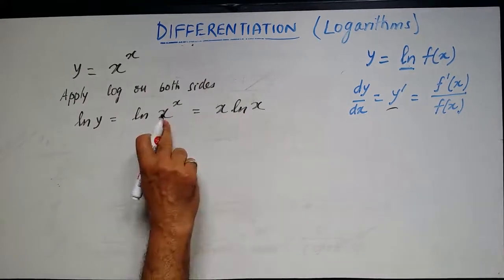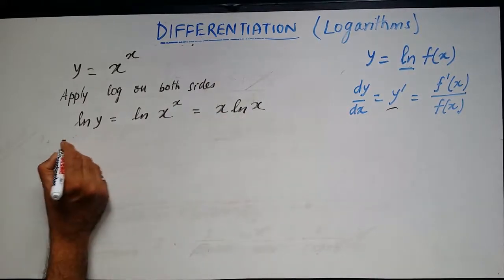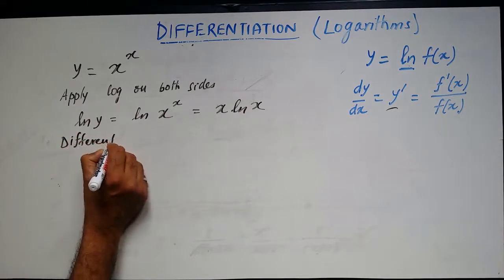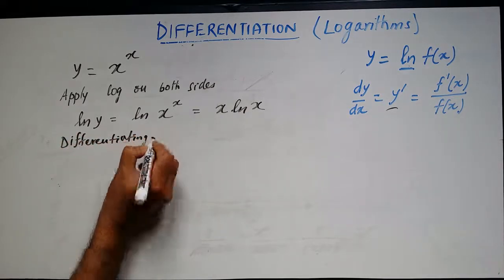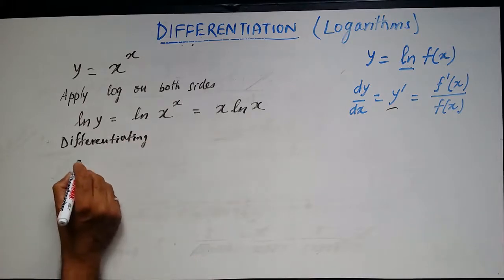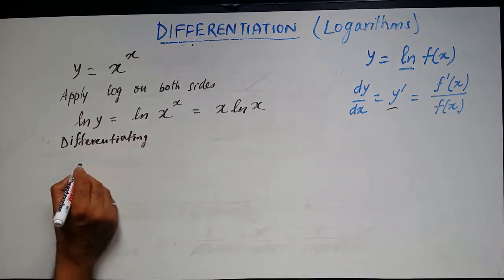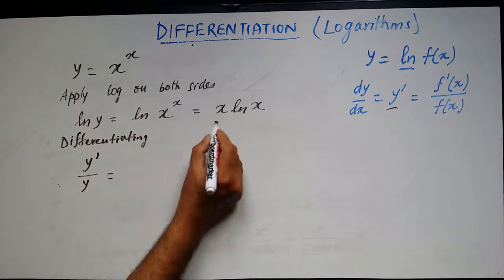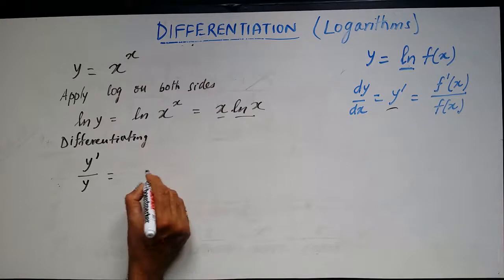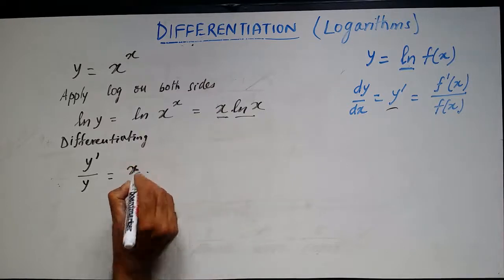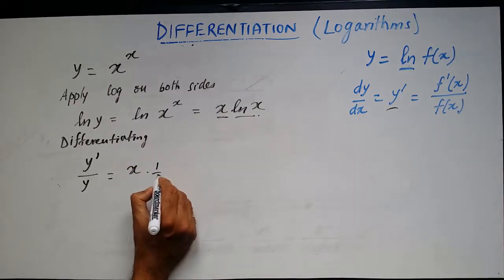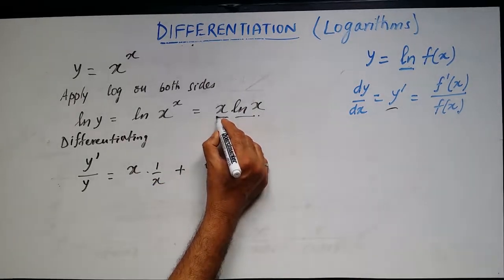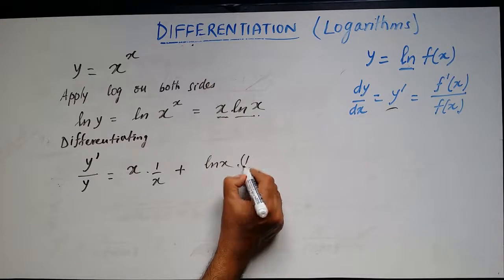Now we differentiate both sides. We get y dash upon y on the left, and on the right we differentiate x ln x. It's a product of two functions, so we take the first function into the derivative of the second function, which is 1 by x, plus the second function into the derivative of the first function, that is the derivative of x, which is 1.